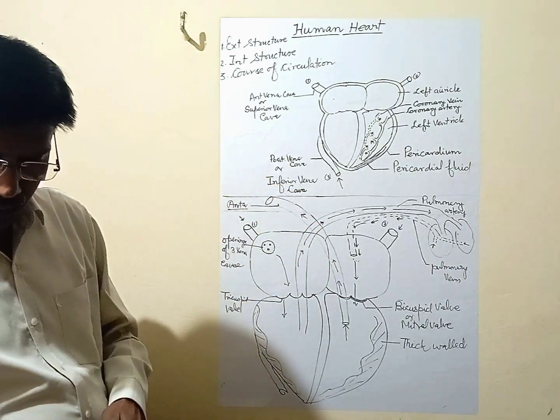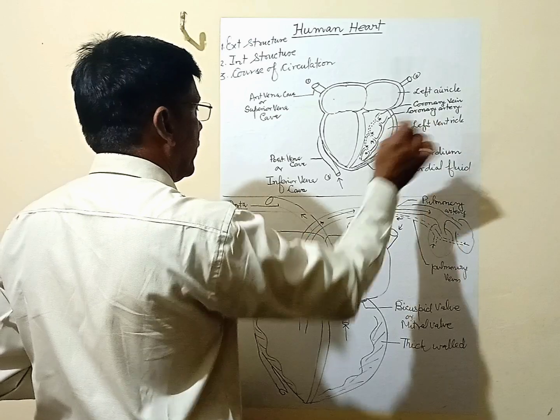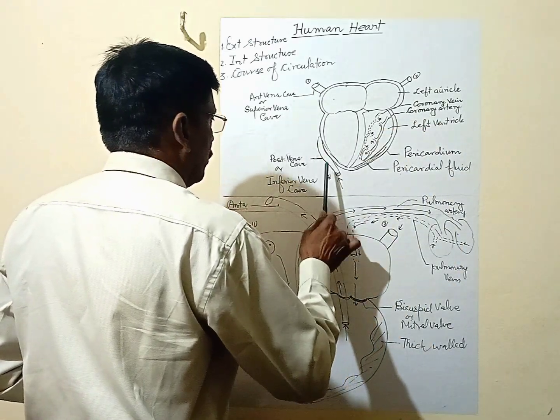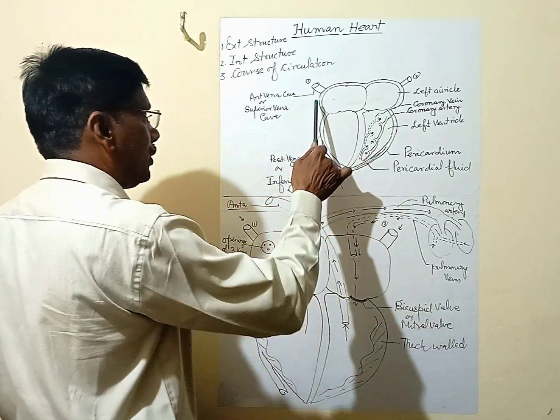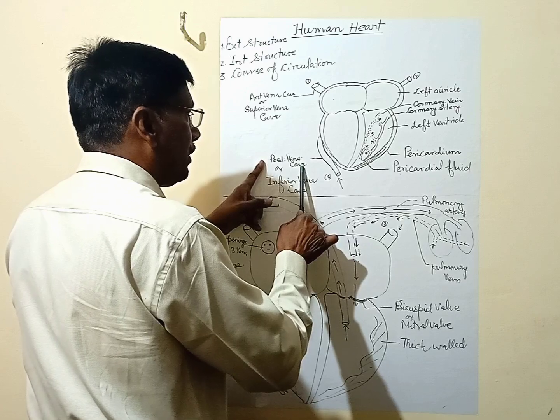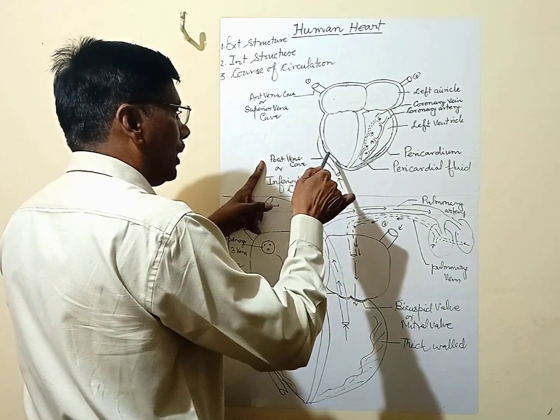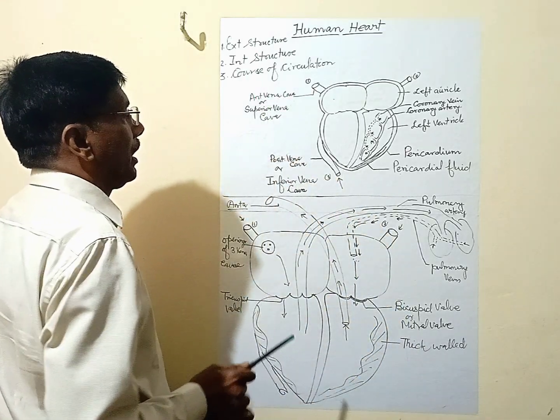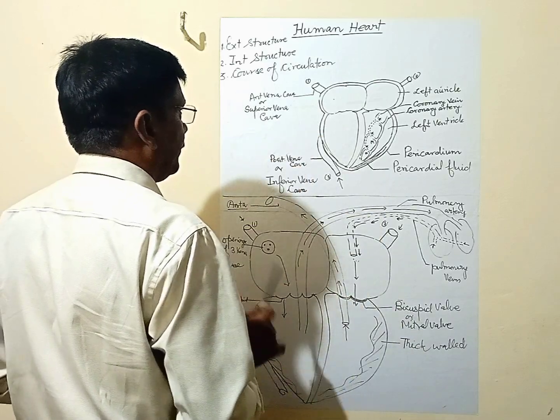I am labeling only one side; the other is not possible to label in the diagram. This one is the anterior side, this one is posterior. This is the biggest vein, known as the posterior vena cava due to its location on the posterior side. The anterior vena cava is named so because of its location on the anterior side.